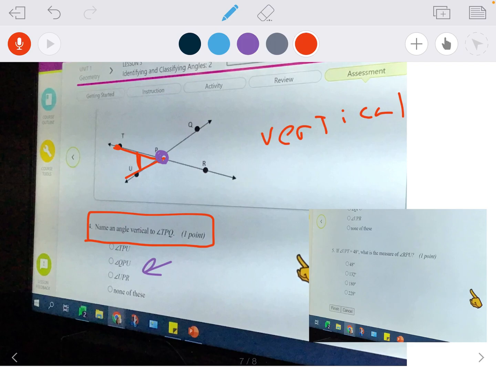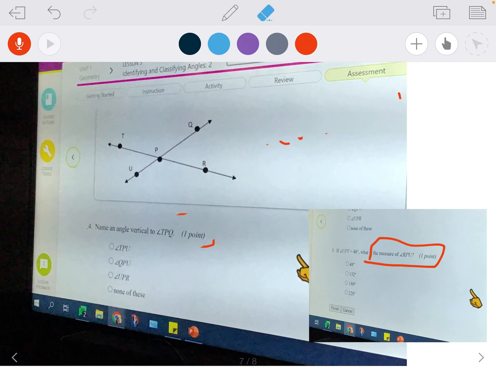And then the final question over here is, what is the measure of angle RPU? So they're telling you angle UPT. So I'm going to erase this and give you the UTP over here. UTP is 40 degrees. So remember, put your pencil on U, go to P, and then to T. This is 48 degrees.